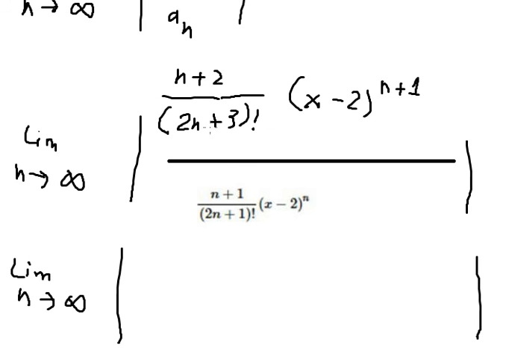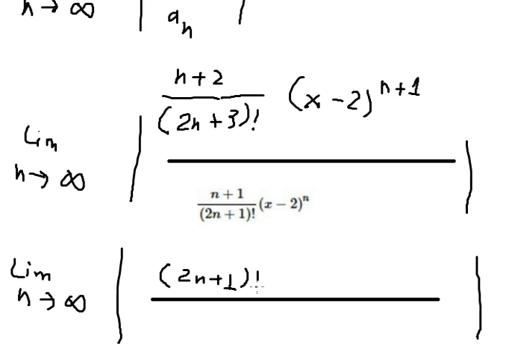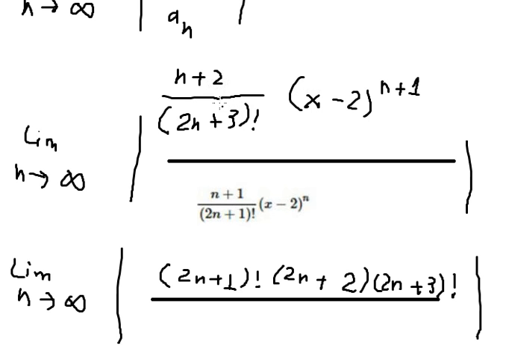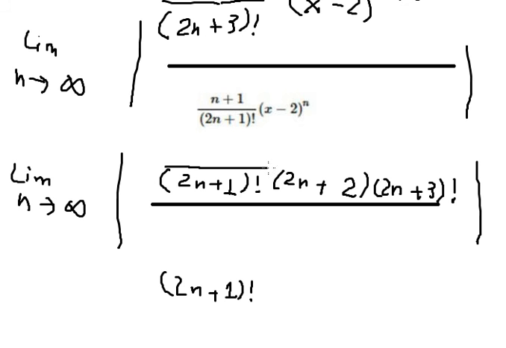We know that (2n plus 3) factorial we can put into (2n plus 1) factorial in here, multiplied by (2n plus 2) and (2n plus 3). This one we keep the same. So n plus 2 we keep the same.